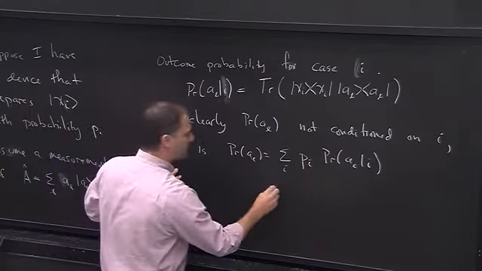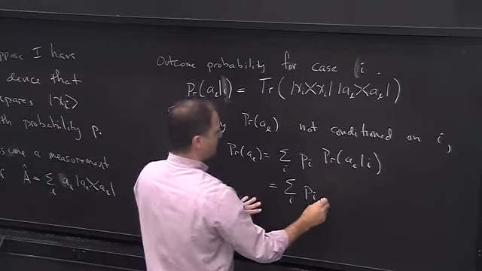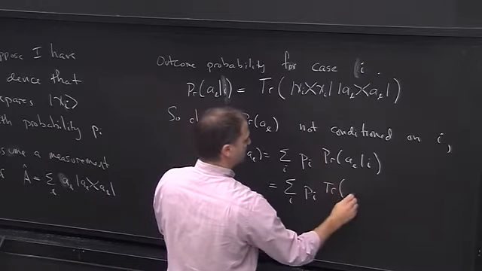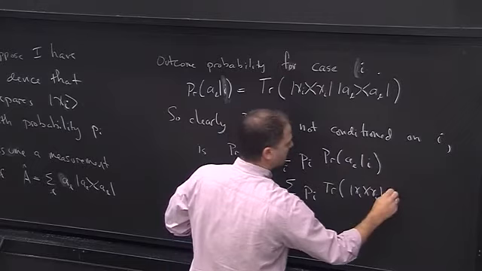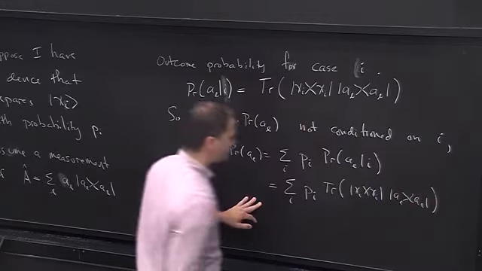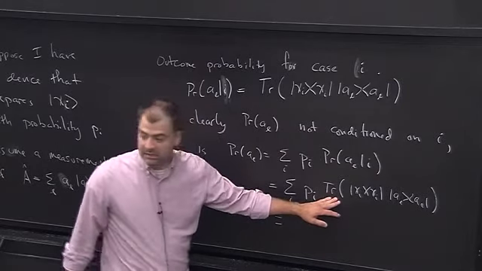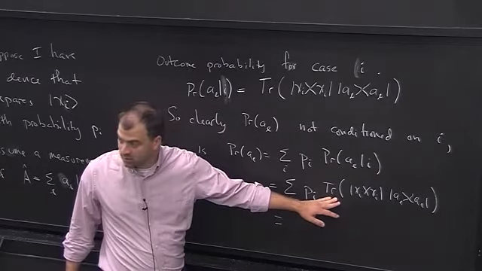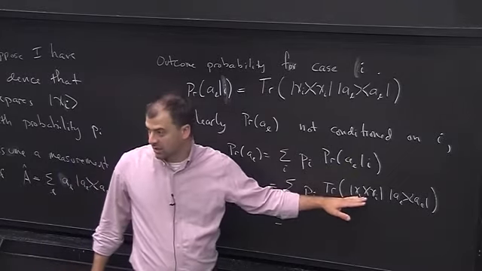And then we can write out what that means. Sum over i, p_i, trace of chi_i, A_L, A_L. And then the fact that the trace is a linear operation means that I can bring the sum inside the argument of the trace.